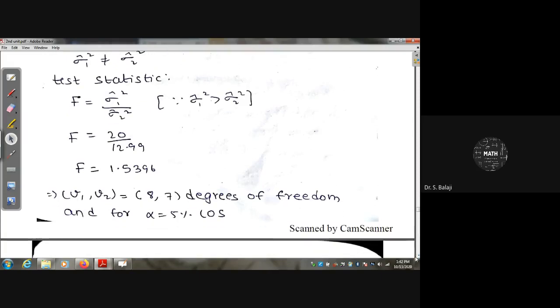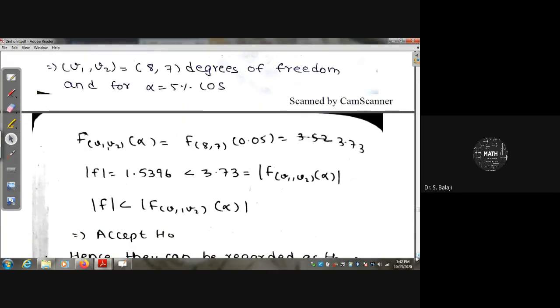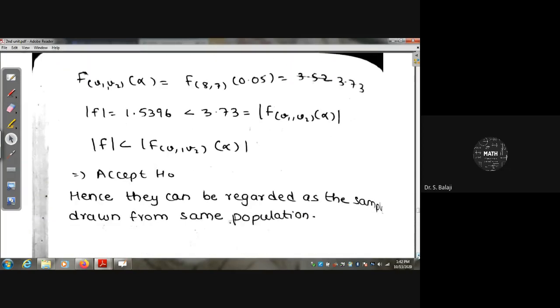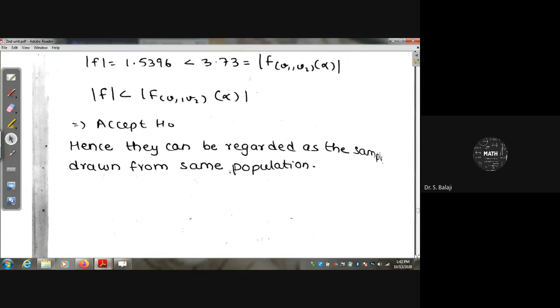Substituting, the degrees of freedom are 8, 7. You get accept H0. Therefore, there is no difference in the population variance. Hence, they can be regarded as drawn from populations with the same variances. This manner you can write.